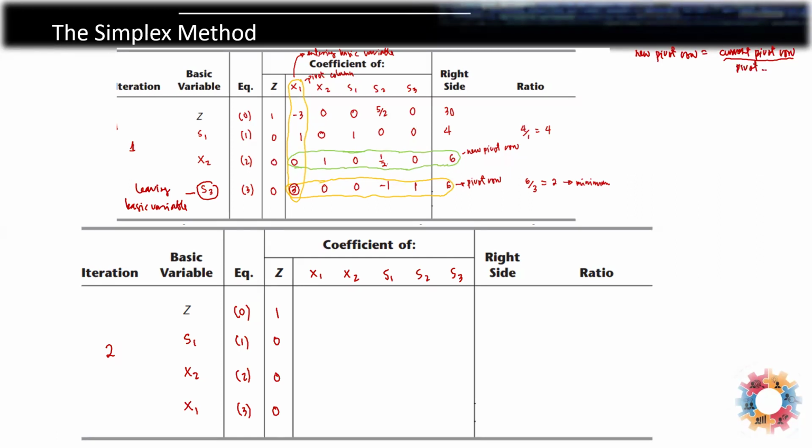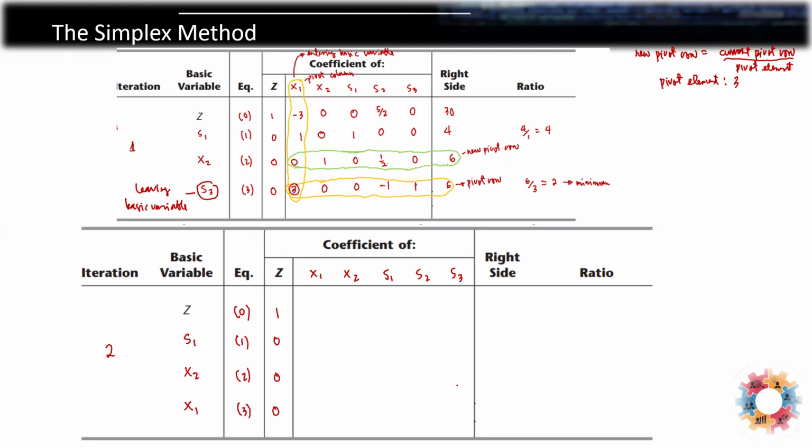Now, what is our pivot element? Your pivot element is 3. Pivot element is that element which corresponds to the intersection of the pivot column and the pivot row.